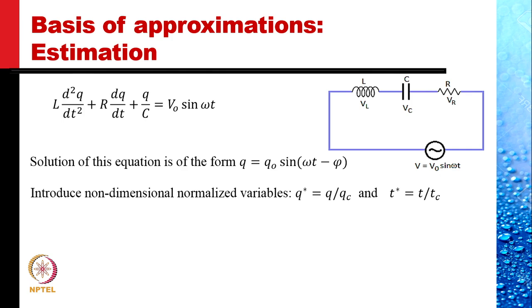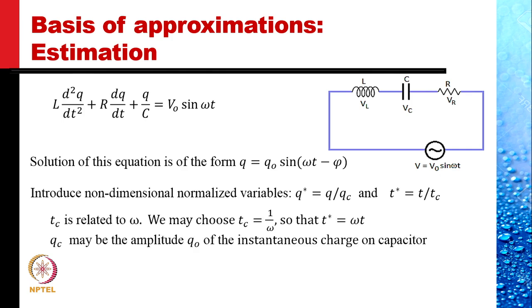If we choose qc and tc correctly, then the resulting q star and t star should be of order 1 throughout the phenomena that we are discussing.